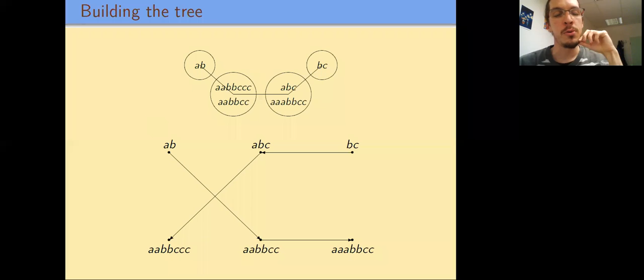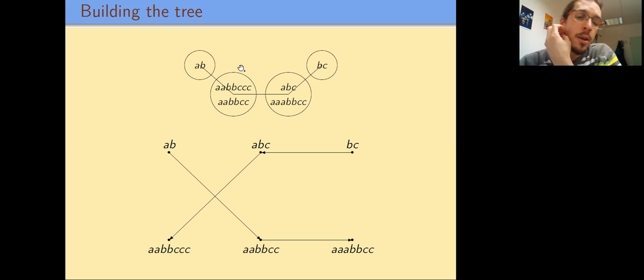Now we have to find the labels of all these vertices. So we have 4 vertices to label. And what we do is, for each equivalence class, you take one element of the class, you consider the set minus the union of the sets associated to incoming arcs. So for AB, you have no incoming arc.